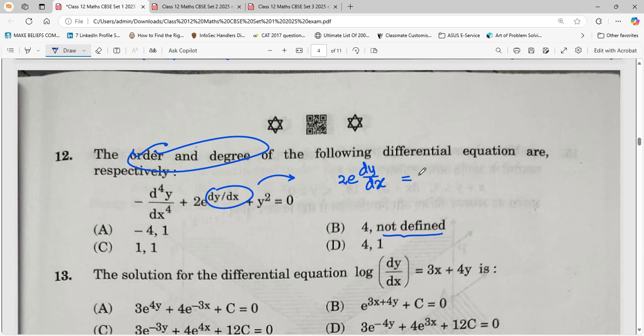So that is equal to minus y square plus d power 4 y by dx power 4. Okay. I think taking log will not work. If you take log, you will have log of differential terms. So the degree is not defined. You can narrow down on the other option that has a degree of not defined. So the option B is the perfect answer.